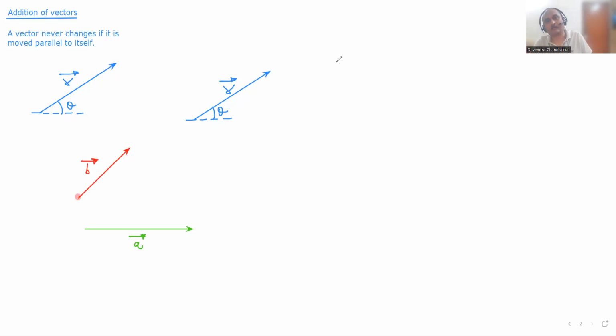Always remember that whenever we add a vector to another vector, we get a vector only. Is that clear to everyone? Yes, sir. Whenever we add two vectors, we get a third vector. It cannot be that we add two vectors and get a different quantity, like a scalar quantity. I hope this is clear to all of you.